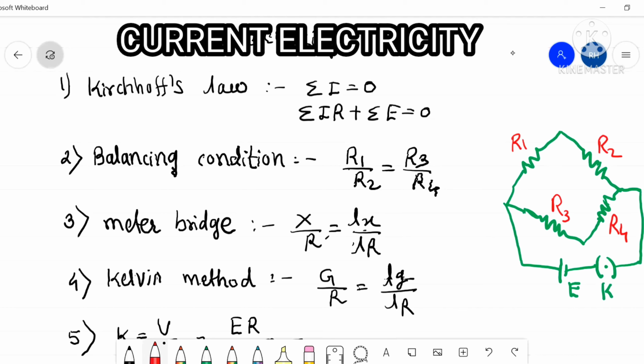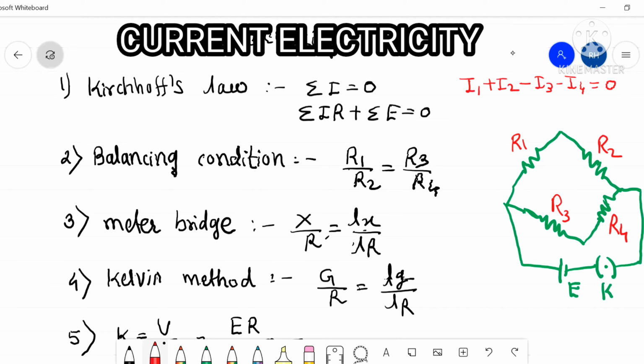It means you have to remember it as I1 plus I2 minus I3 minus I4 is equal to 0. Two currents are directed towards the junction, and two currents are flowing away from the junction.